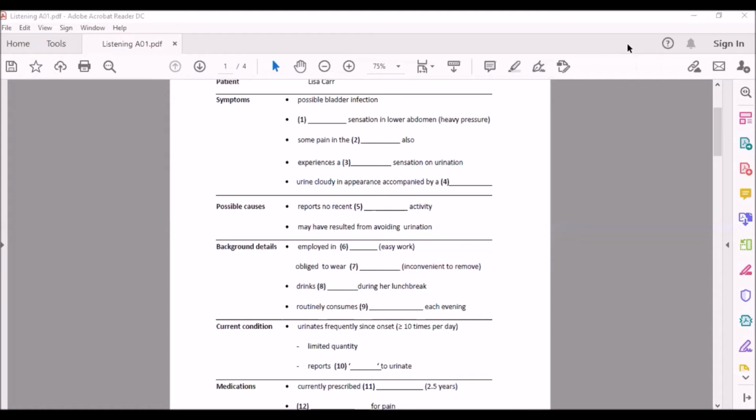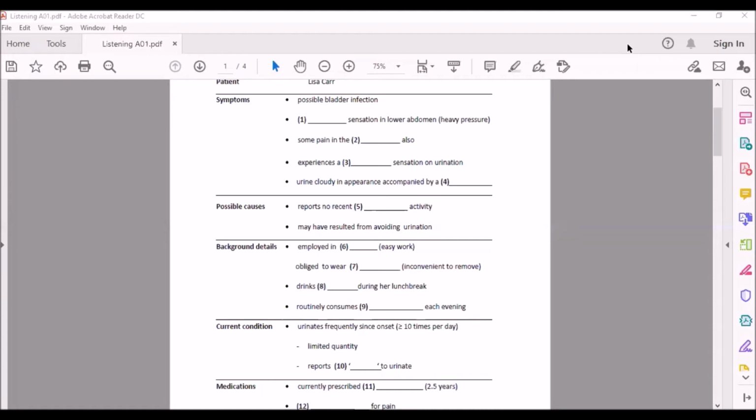So in listening part A, we have 2 recordings. These recordings are dialogues between a patient and a medical professional. It might be a nurse or a doctor or physiotherapist or cardiologist, it doesn't matter. The listening and the reading are the same for all professions.